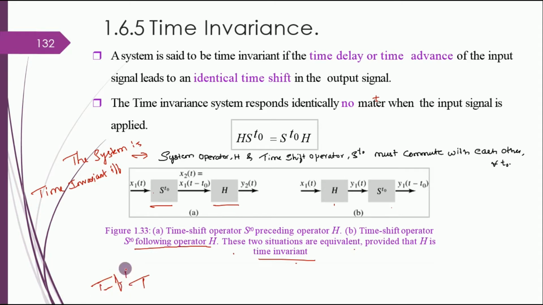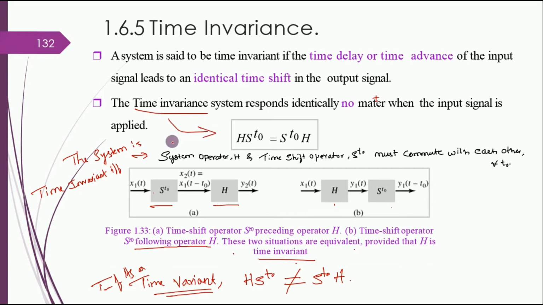If it's a time variant system, I'm speaking about time variant, then H S raised to T naught will not be equal to S raised to T naught H, because it's time variant and this is time invariant.